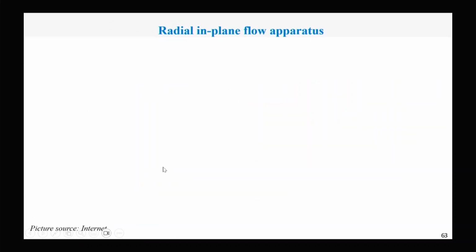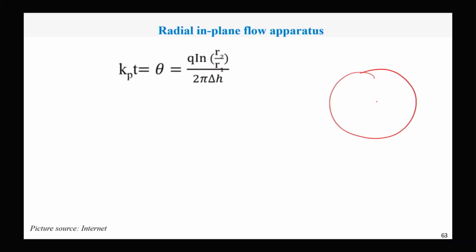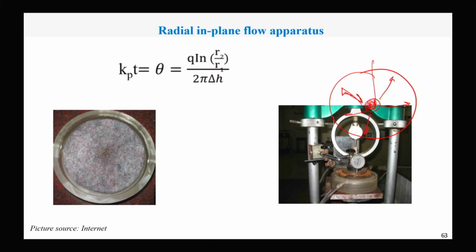And there is another flow possibility, which is a radial flow possibility, where the geotextile is there, and suppose at the center somehow water is coming, and water has to flow out. So for that, the radial in-plane flow apparatus is there. Here you can see at the center the water is being fed.